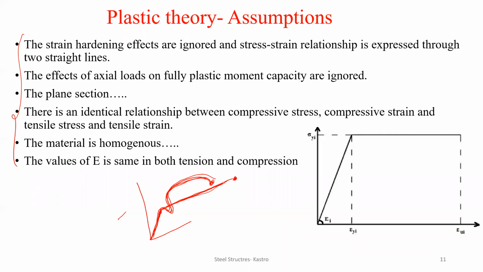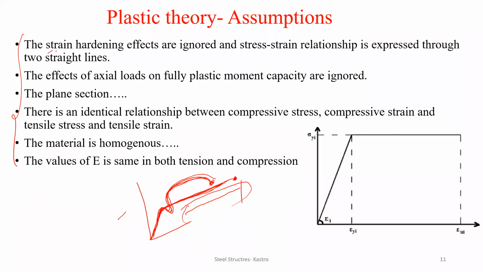And then you are assuming that after reaching the maximum load, the behavior will be linear. That means even if you try to apply more load, the member doesn't show any deformation, but at a particular point, the member will break down. Okay, this portion is called the strain hardening effect.